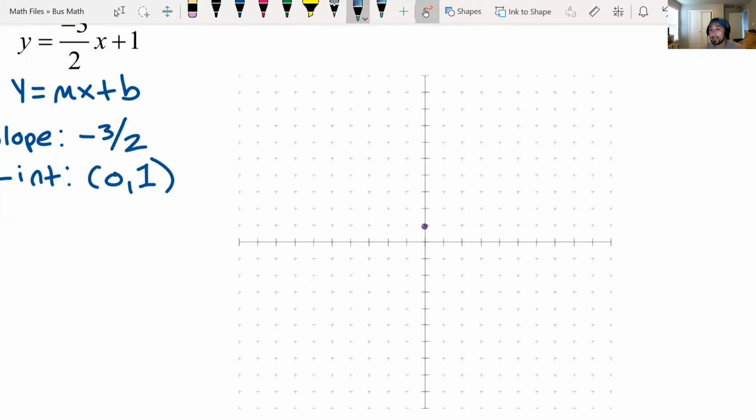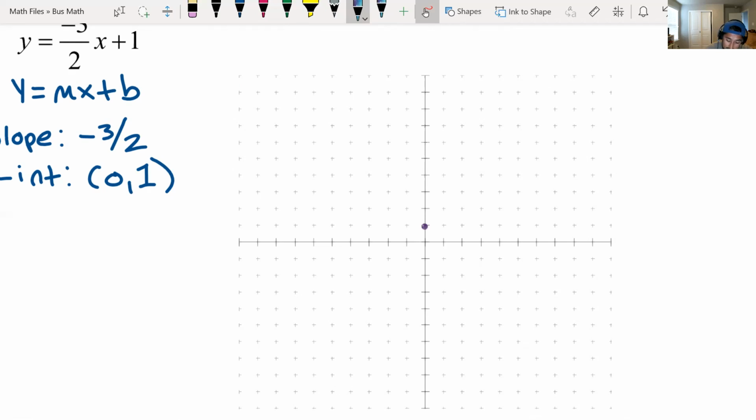So my slope is negative. And if you remember from the picture above, it says that negative slope goes top left to bottom right. So my slope is -3/2. So this means that I'm going to go down 3 and to the right 2.